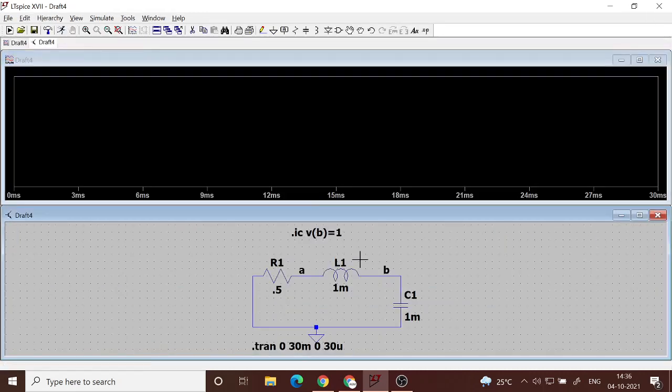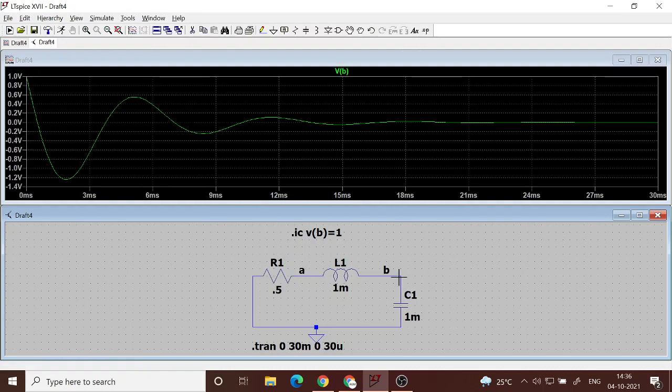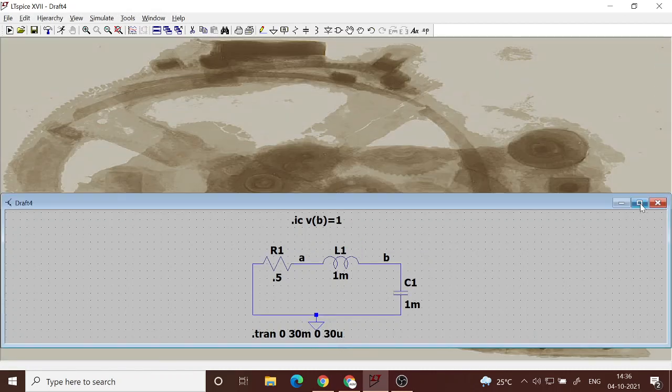It is the same theory, but now we are looking at non-zero initial conditions. This is one way we can give initial conditions. From 1 volt, then minus 1.2 volt, then few oscillations, 1 or 2 or 3 or 4 oscillations, and then it goes to 0.